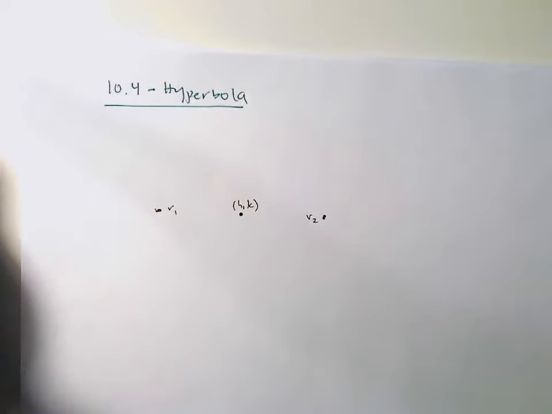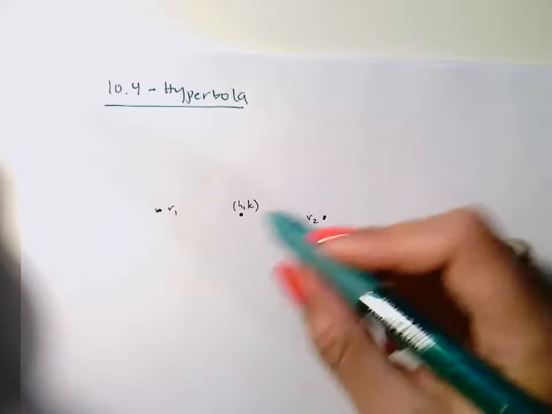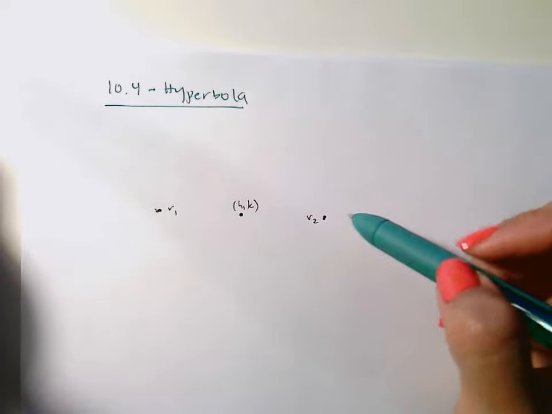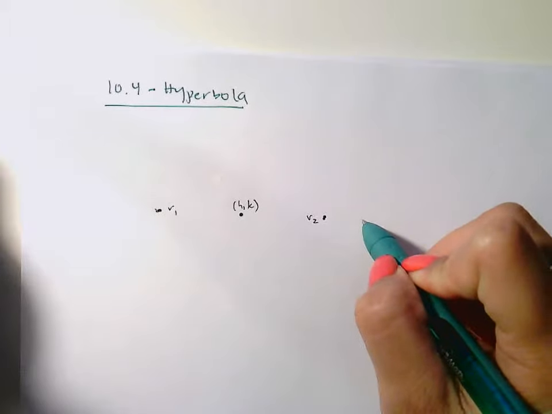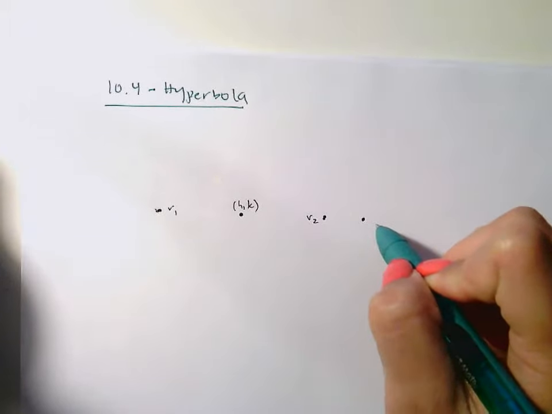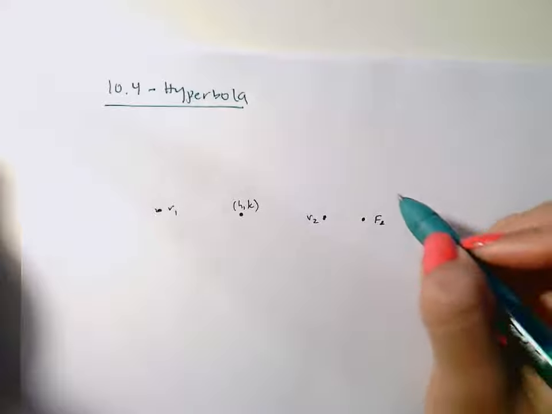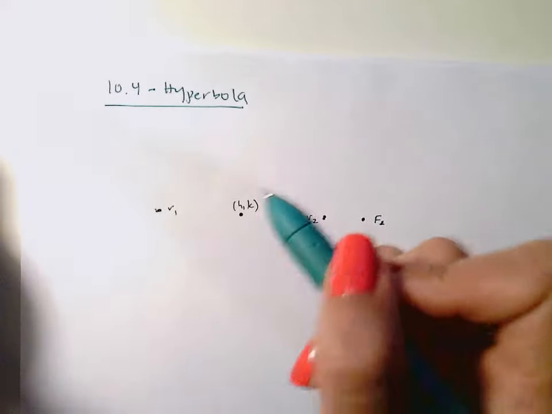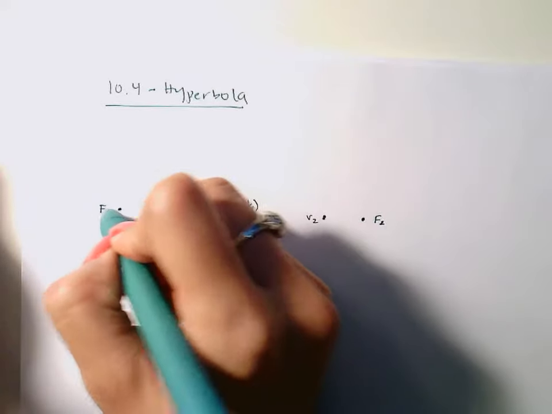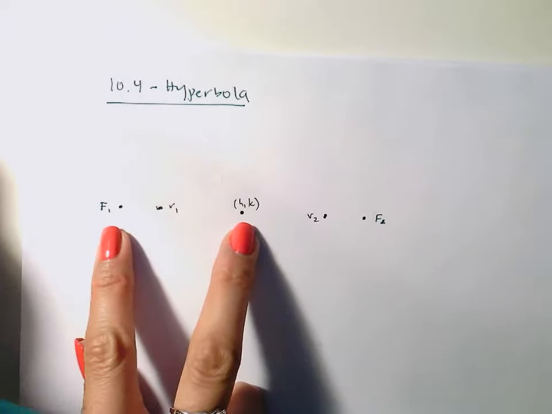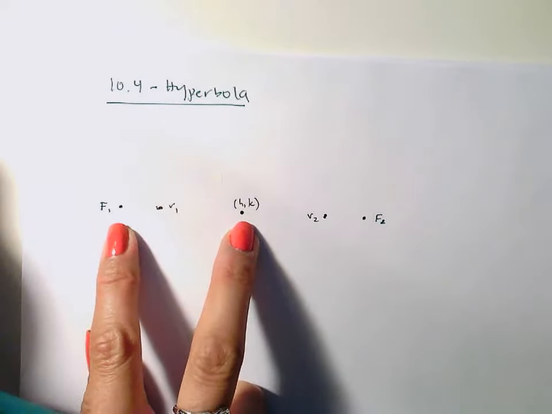We also have foci. The foci are going to also be aligned with the vertices and with the center. Focus number 2 is going to be to the right of vertex number 2, and focus number 1 is going to be to the left of vertex number 1. These foci are an equal distance away from the center, and that distance is equal to c.